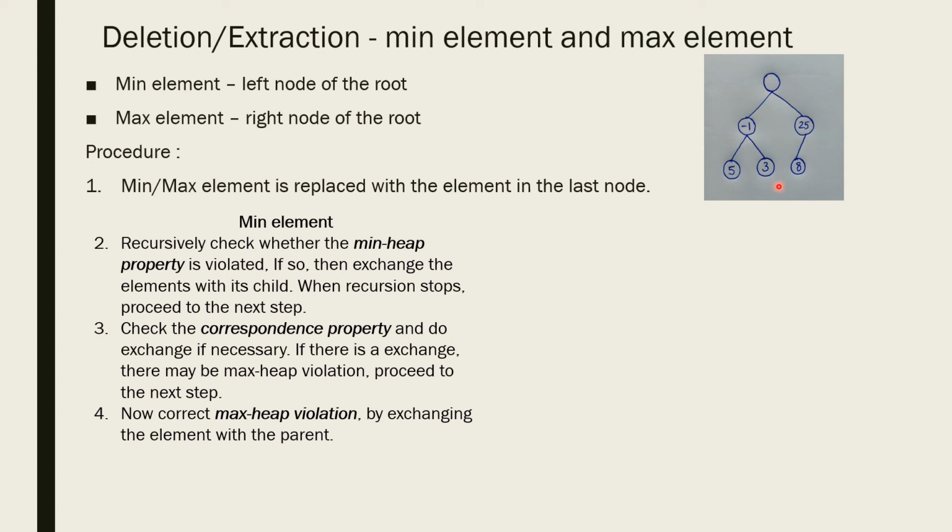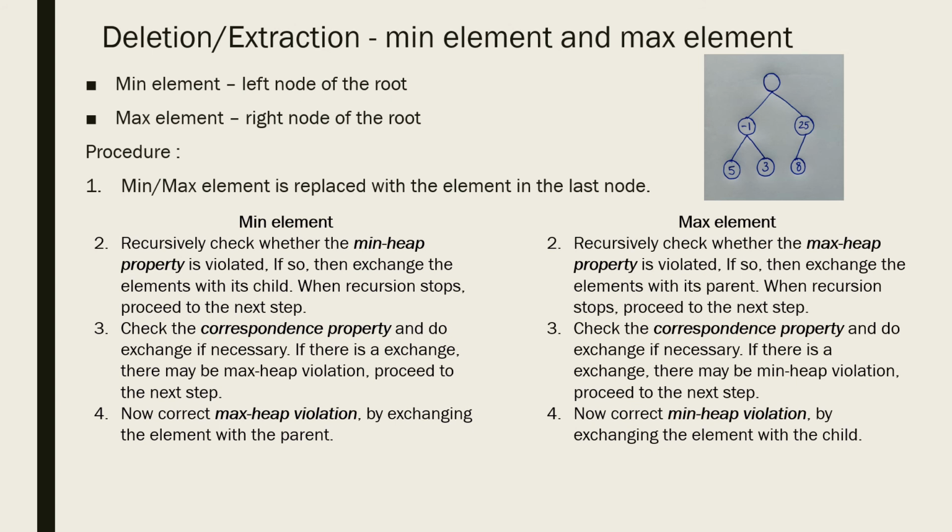Once the min heap property is completely satisfied, we check for a correspondence property violation, and if it is violated, we do the necessary exchange. If some exchange has taken place, there may be a chance of a max heap violation also. So we have to check for the max heap violation, and if there is any violation, we do the exchange.